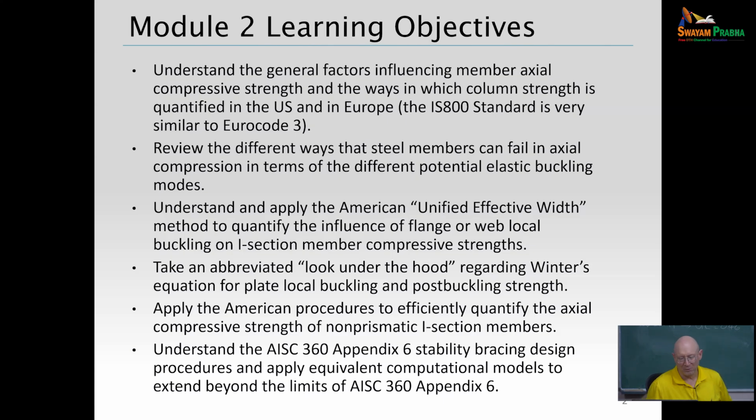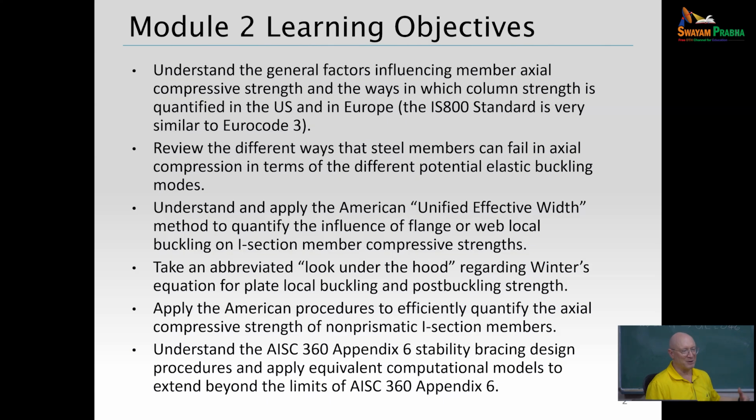I'd like to review different ways that steel members can fail in axial compression. We'll do that by looking at different potential elastic buckling modes. If I'm picking up on everything correctly, Eurocode often stays silent and says, you've been to school, so you know how to calculate the elastic buckling load, go do it.